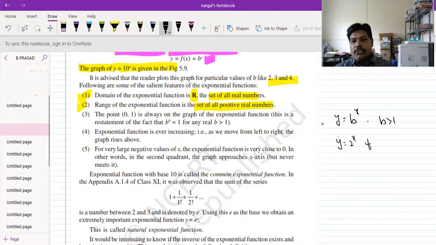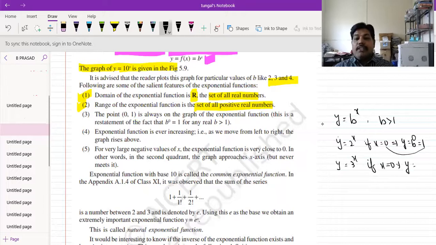If x is equal to 0, then automatically y is b power 0, which becomes 1. So this curve is passing through the point (0, 1). For example, take y is equal to 3 power x. If x is equal to 0, then what happens? y is equal to 3 power 0.